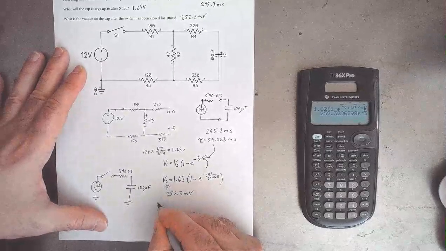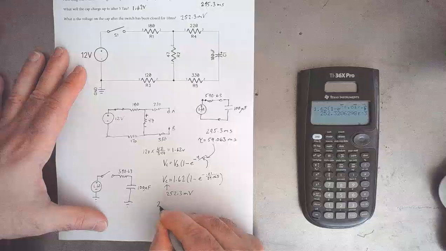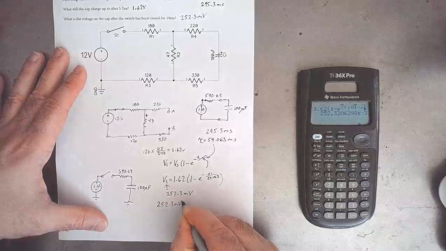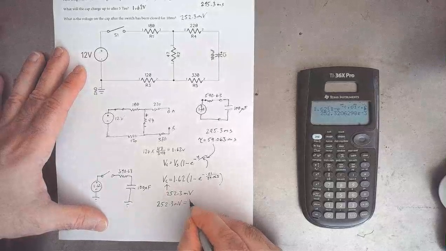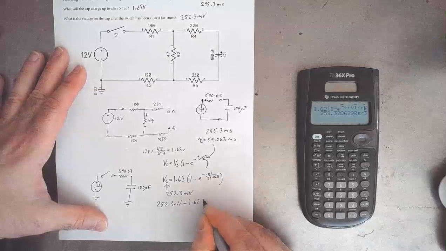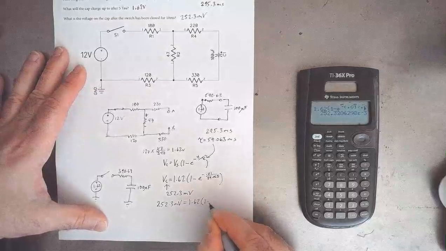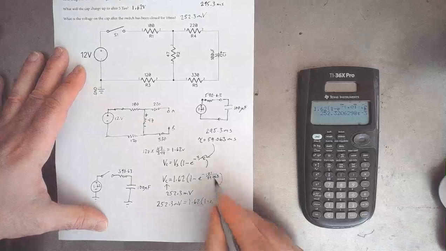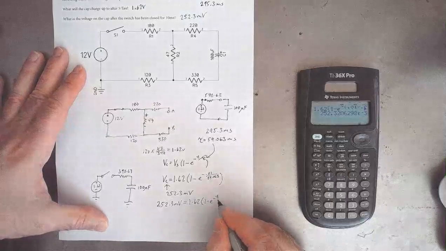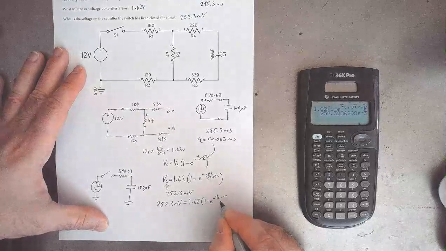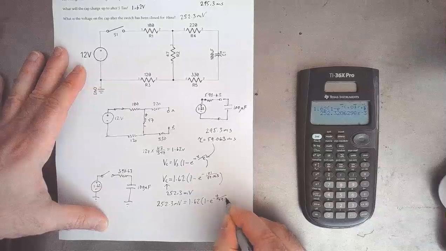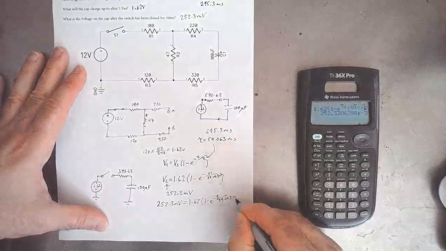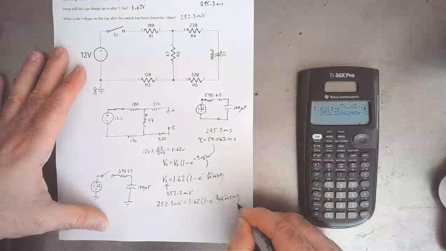So we'll say 252.3 millivolts is equal to 1.62 times 1 minus e to the negative. And this time I'm just putting t because I want to solve for that. It should come out to 10 milliseconds if my calculation is right. So 59.063, and that's milli right there.